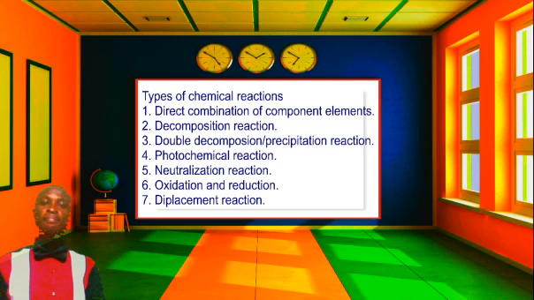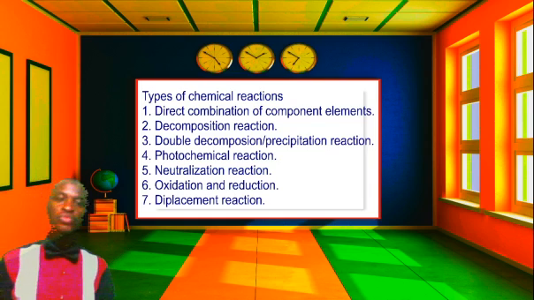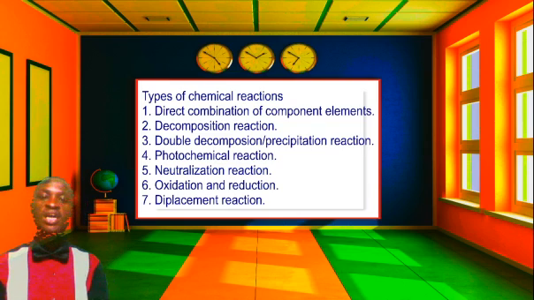Number three, we have double decomposition reaction, and this can also be referred to as a precipitation reaction. In a double decomposition reaction, two soluble substances are mixed together to make two other substances.